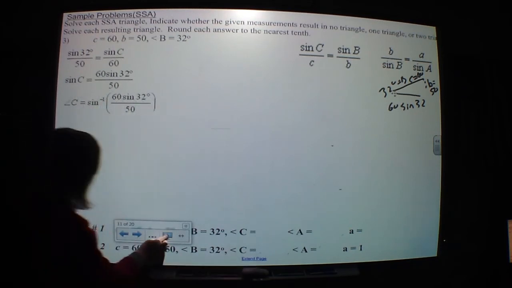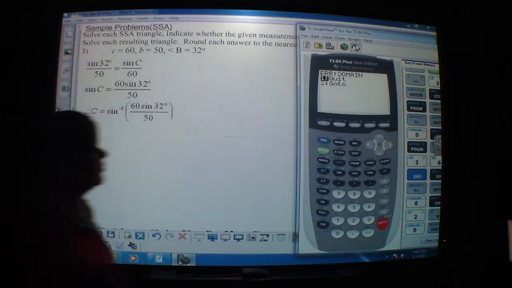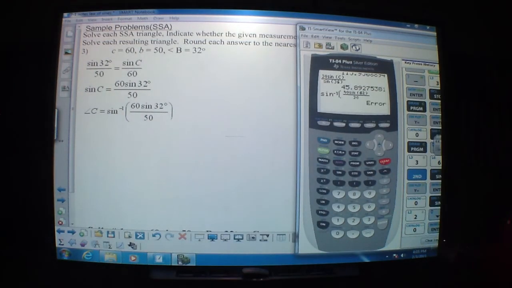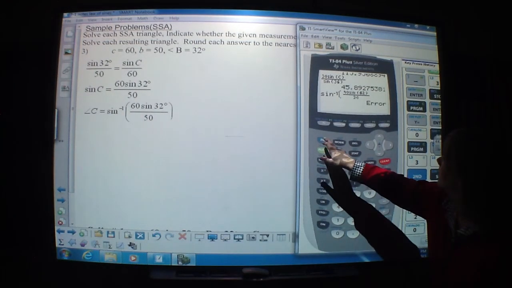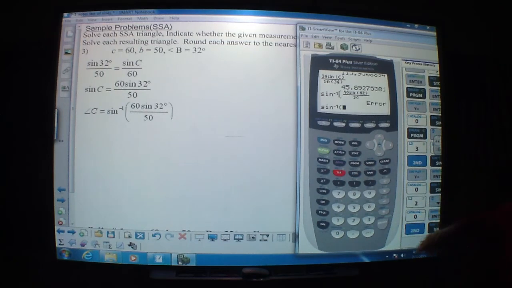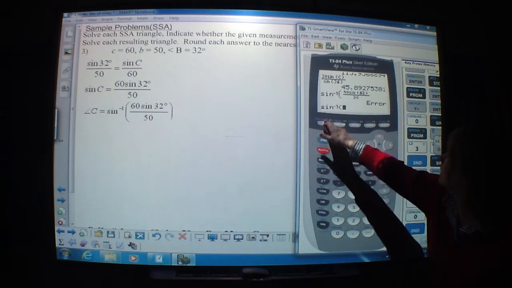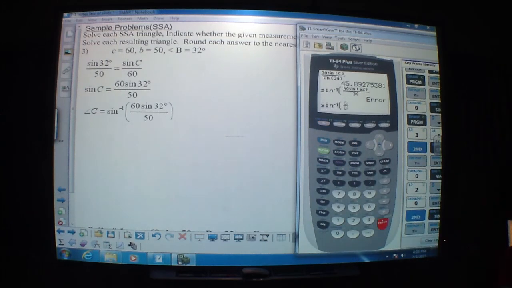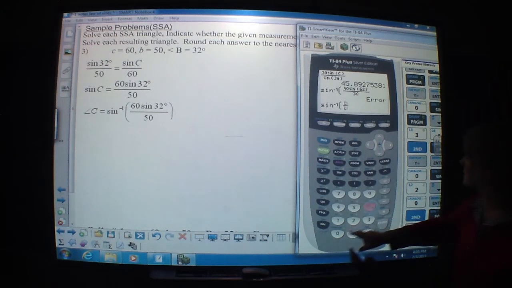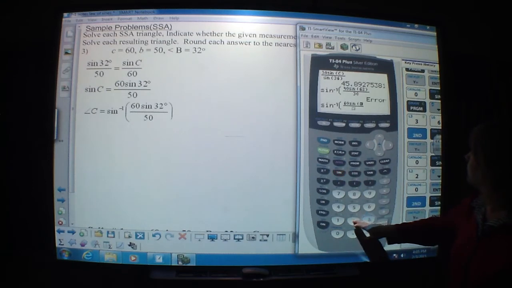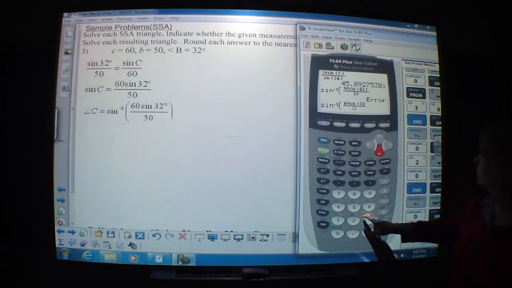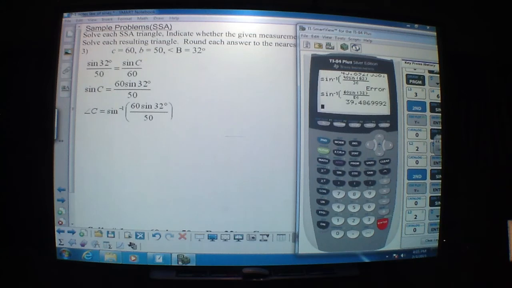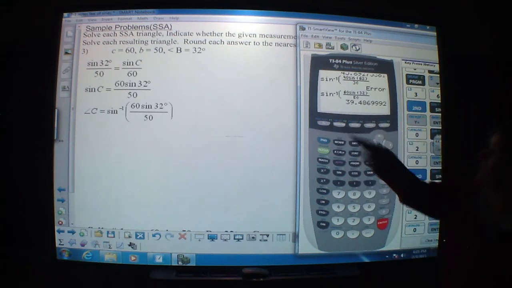So you have your calculator, and on your calculator, you will do inverse sine. I'm going to pick the fraction again. Numerator, 60, sine of 32. Denominator, 50. And I have 39.486. That's my angle C.